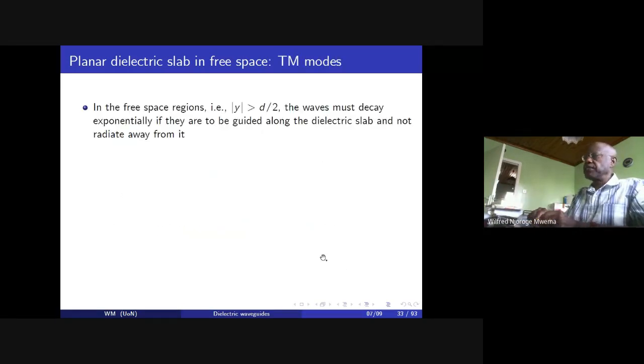In the free space regions, that is for y outside d by 2, the waves must decay exponentially, because we want our dielectric to guide the waves, and therefore we expect that no leakage occurs. That is, the fields must decay exponentially in the y direction, so that they are not radiated away from the dielectric, and then we can say that the dielectric is guiding the waves themselves.